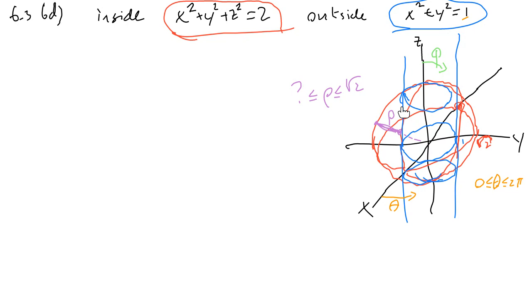The radius will be bigger once I hit the blue cylinder a little bit above the xy plane. So this question mark is going to depend on phi, and this is what makes this question a bit more difficult. So maybe let's first determine the bounds for phi, and then hopefully later on we should be able to find the bounds for rho.